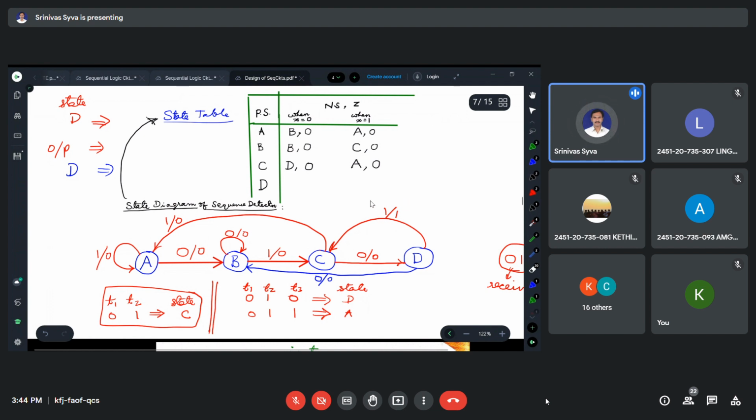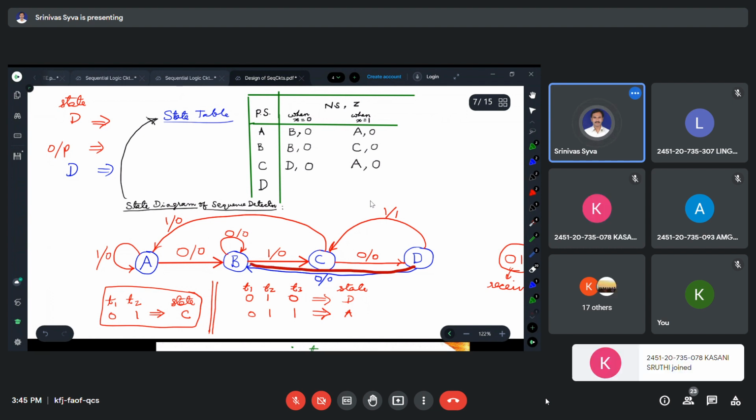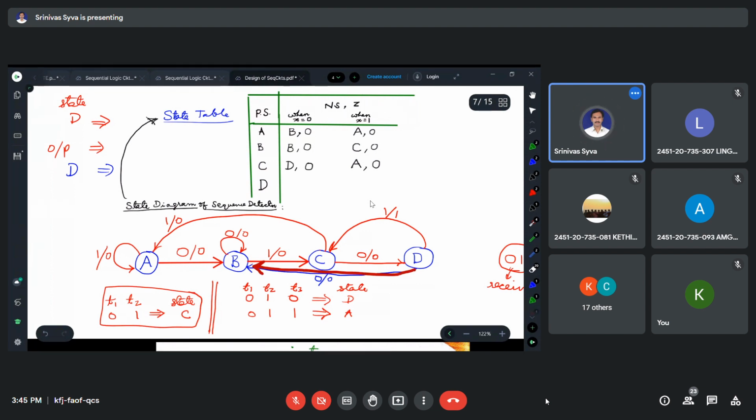When we receive 0, the transition is from D to state B, and the output will be maintained at 0 only, because the expected pattern of the sequence has not been received.